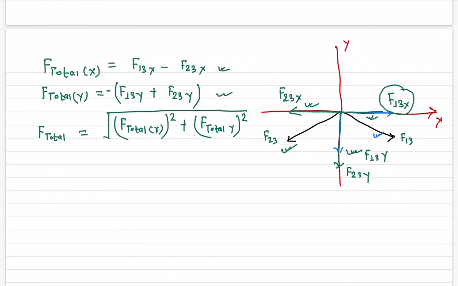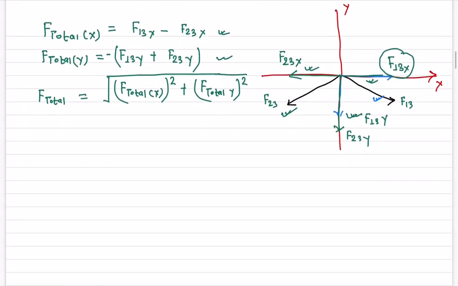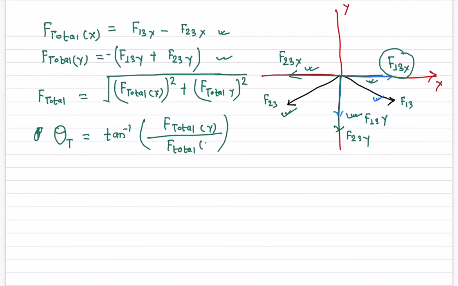Then the direction of the total force, theta total, is the angle given by F total y divided by F total x, taking the inverse tangent. So this is the mathematical description of how you find the total force, the magnitude and direction.